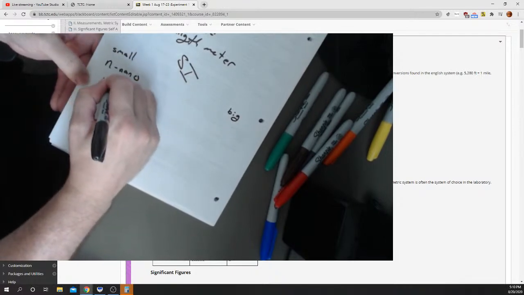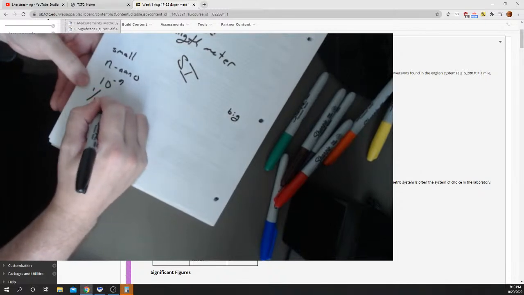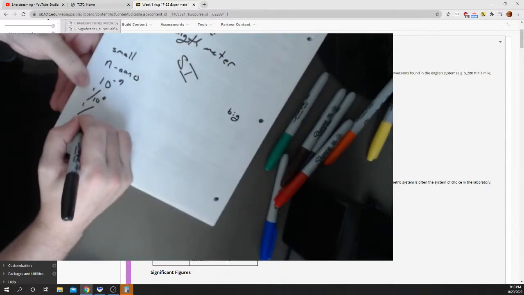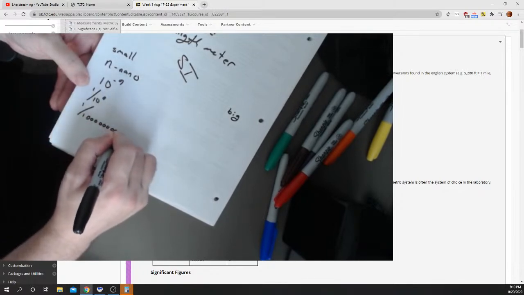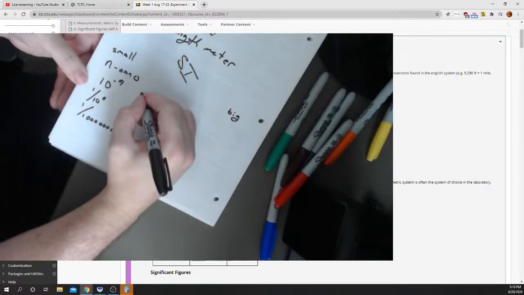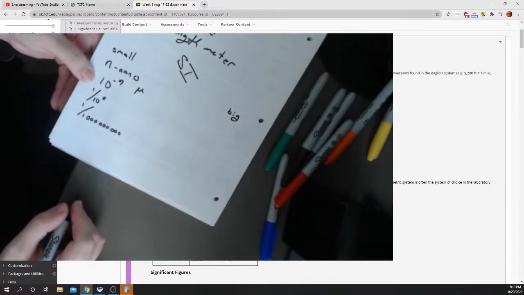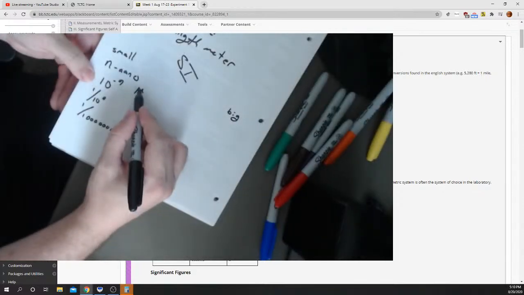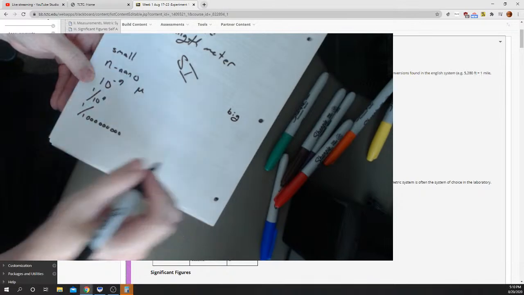That is 10 to the negative ninth of something, or 1 over 10 to the ninth, or 1 over 1 billion. So very, very small. Then you have micro. Looks kind of like an M, but the way you do that is you draw a lowercase u, then you give it a straight stem on the other side.